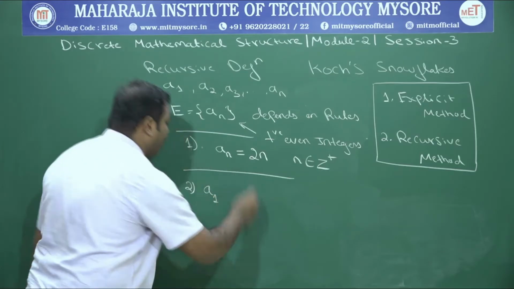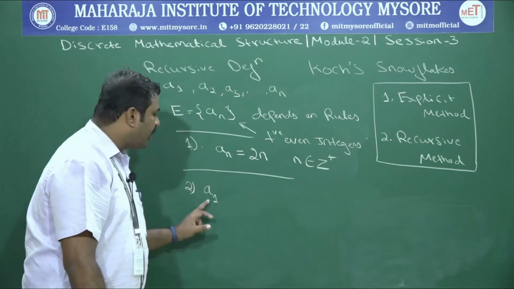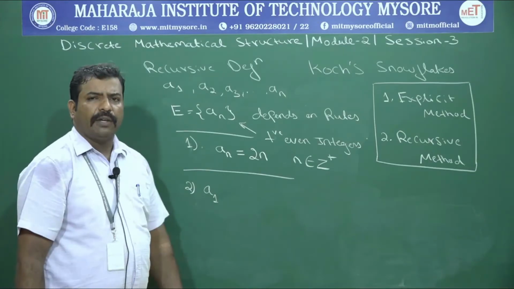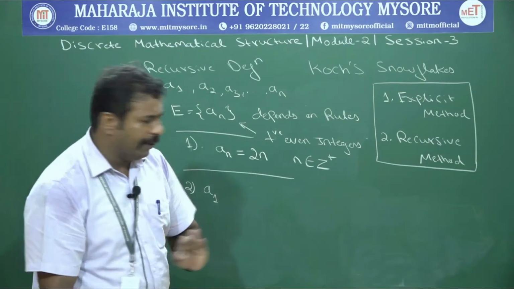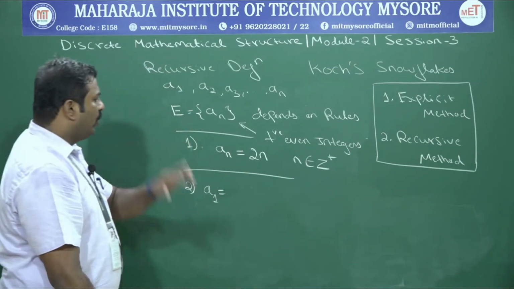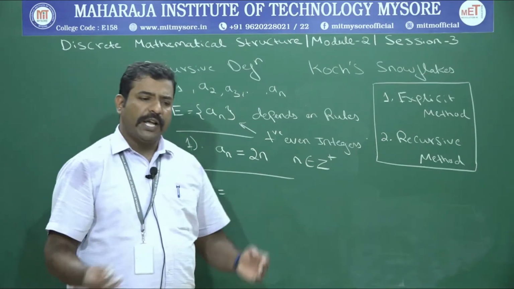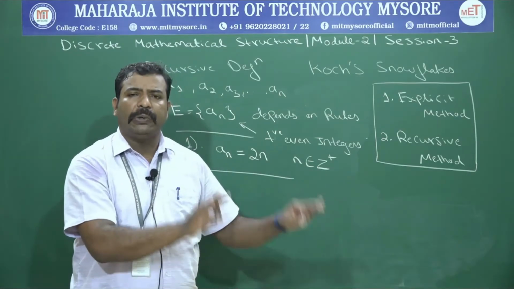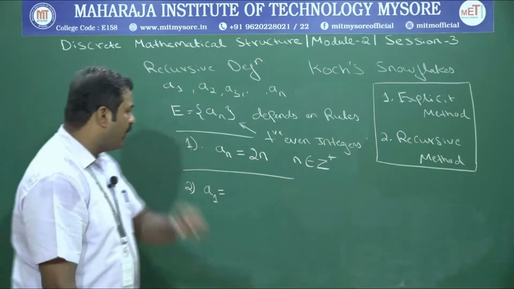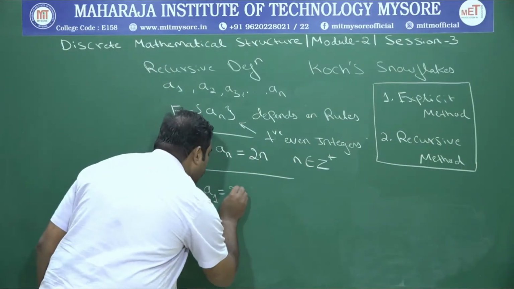That is the very first element, a1. I should mention explicitly what the value of a1 is, and this should be a direct value. Initially, we know that the very first positive even integer, leaving out 0, is going to be 2.